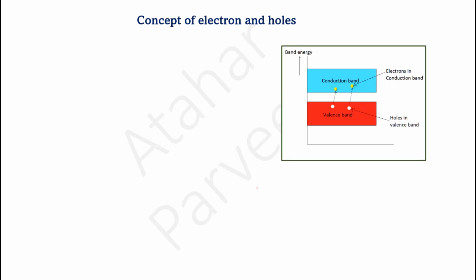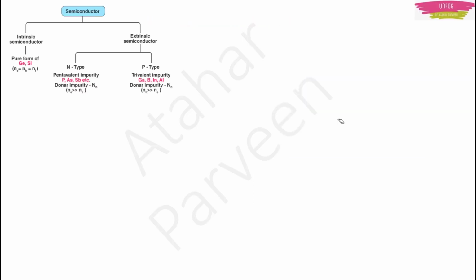For example, if two electrons move from valence band to conduction band, then the place from where the electrons are absent now, those vacancies become holes. So holes are created in the valence band, because the electrons went to the conduction band.